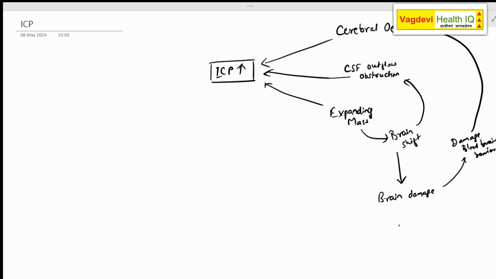Brain damage, that means what? It will impair your mechanism of autoregulation, very important to understand. Impaired autoregulation, that can cause what? You tell me, in terms of flow it will reduce or increase?